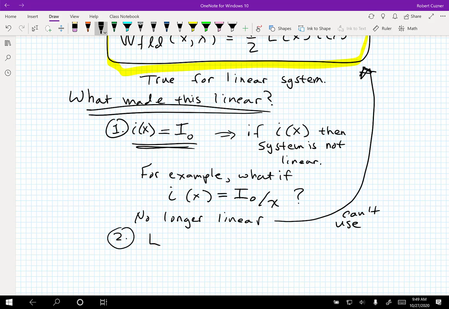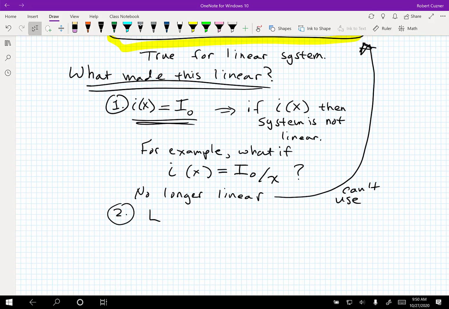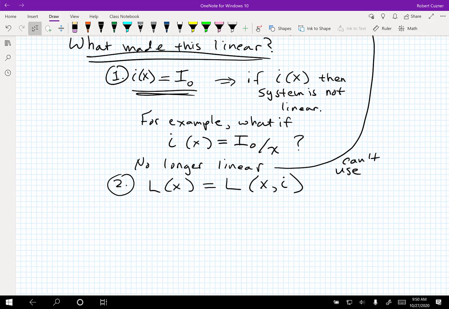If L, which you already know, we've been through this in chapter 2, L sub x, also changes with I. So if your L changes with I, an example of that would be saturation, right? Or a saturated core.